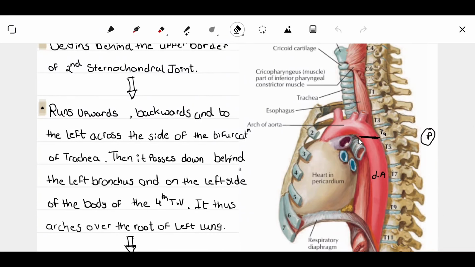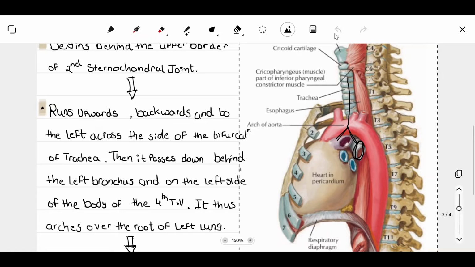So I would recommend you to hardly memorize this diagram. So what are the inferior relations of arch of aorta? This is bifurcation of trachea, which is beneath the arch of aorta. This is the left bronchus, and thirdly the author says ligamentum arteriosum.